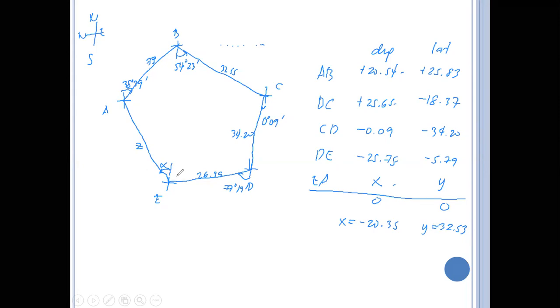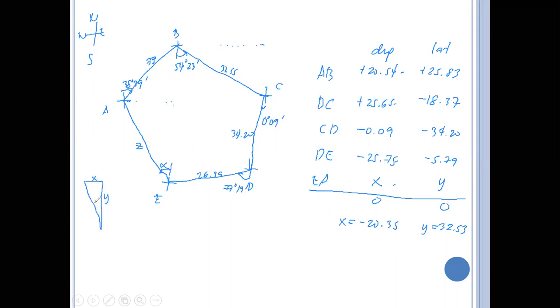So that means from E to A, the x is going to the left, then y is going upward. So negative and positive. If we try to draw, this is our x, this is y.